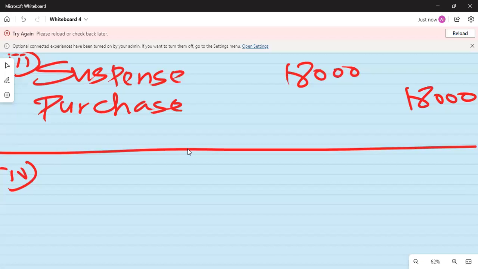And trade payable is a liability. Since the liability was overcast, that means the liability was increased more than the actual amount by 60,000. So we need to reduce it now, since it was overcast.